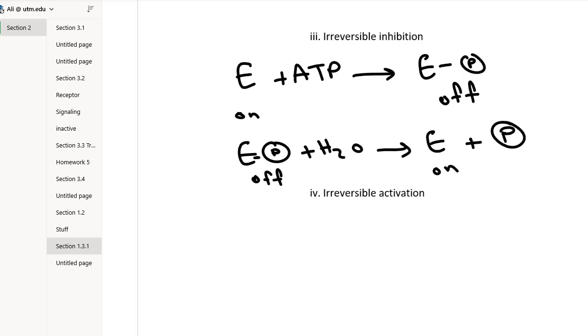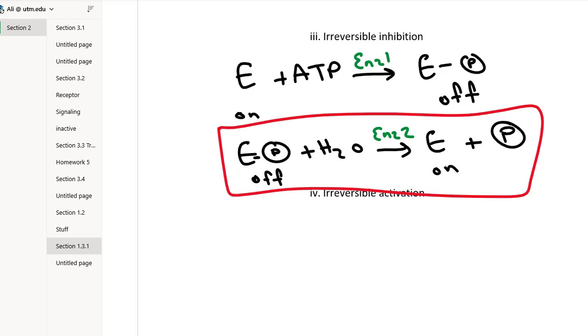So these are two different reactions, and interestingly enough, both of these reactions, this process of turning an enzyme from on to off and then from off to on, have their own enzymes. So enzyme 1, enzyme 2.